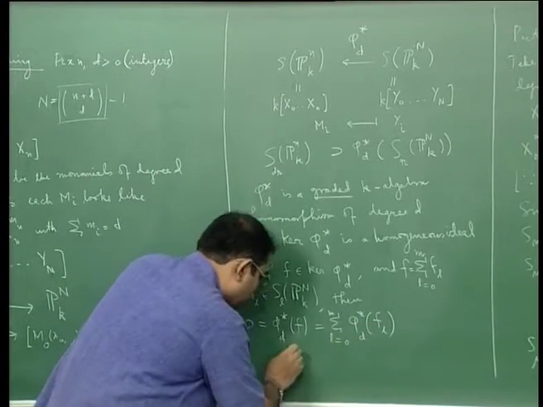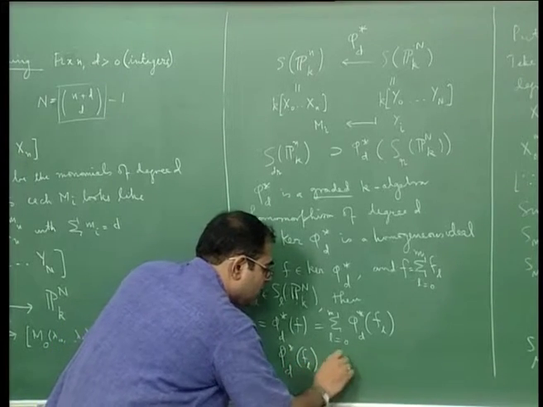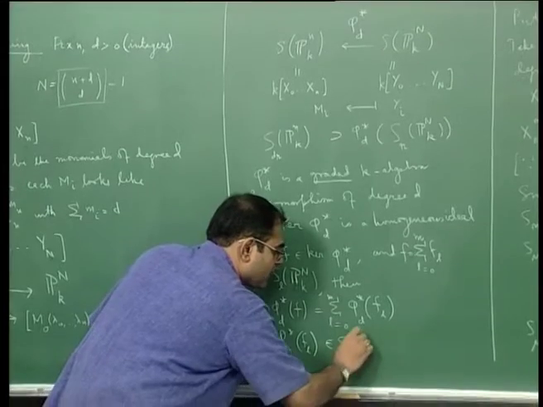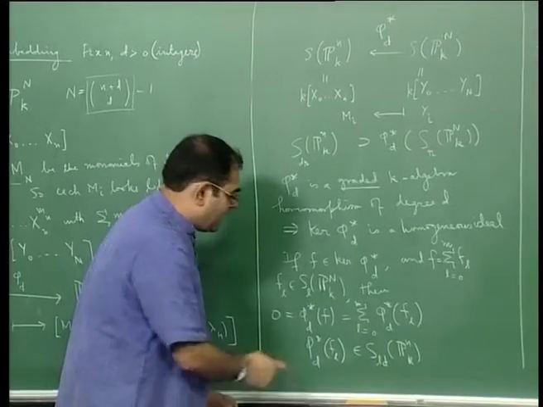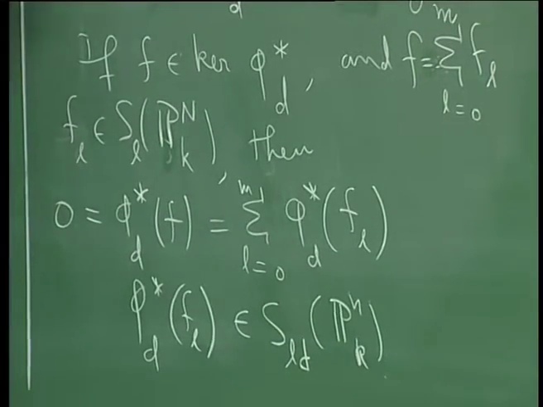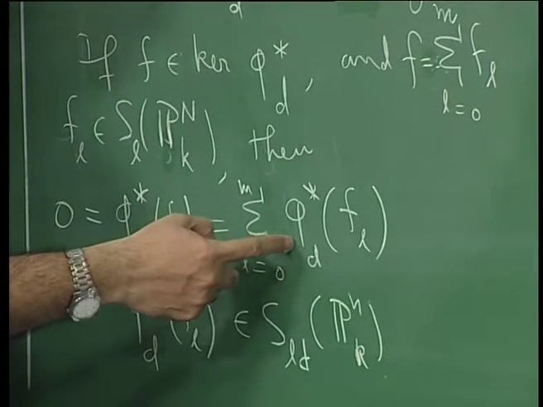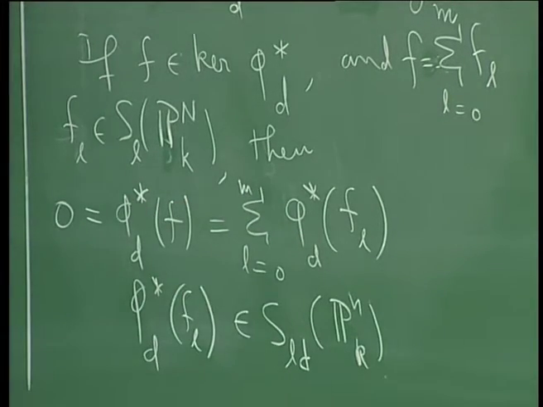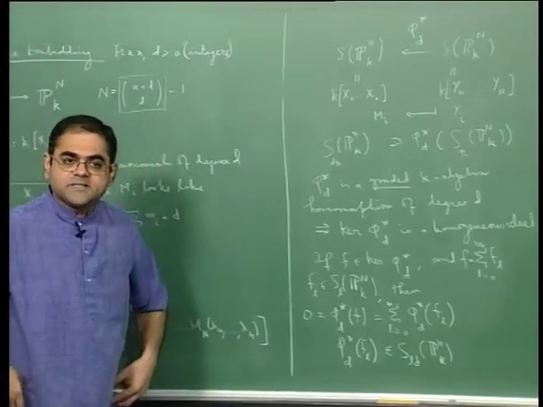But you see this φ_d^* of f_L will belong to S_{Ld} of the small p_n, and as L changes these are all in different pieces, in various different degrees, and if the sum is 0 then each piece has to be 0, that is what direct sum means.